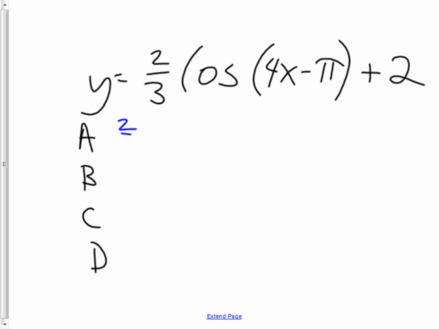Okay, A is 2/3. B is 4, because you're going to factor the 4 out. C might take you a little longer because you have to actually factor the 4 out. And D is going to be 2. Those are the no-brainers. Okay.